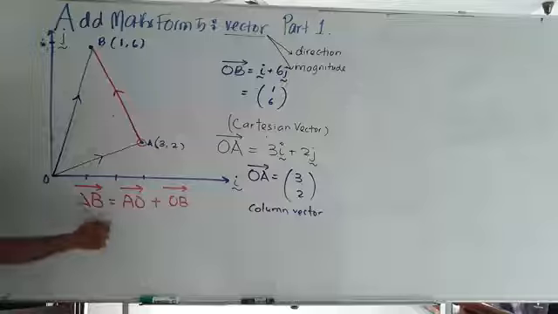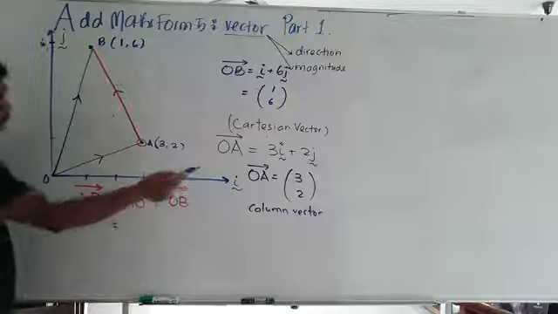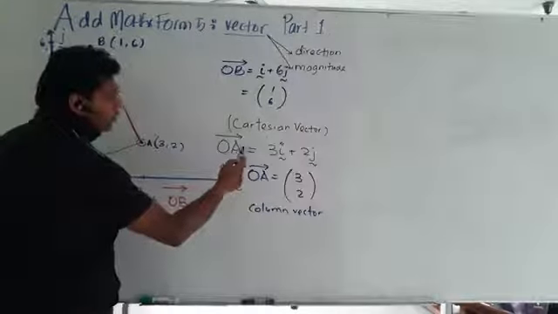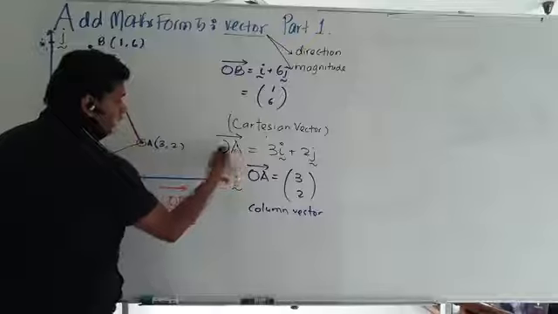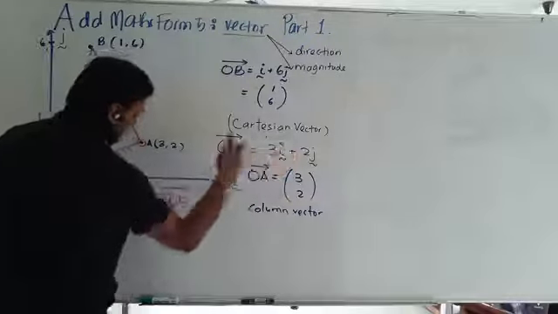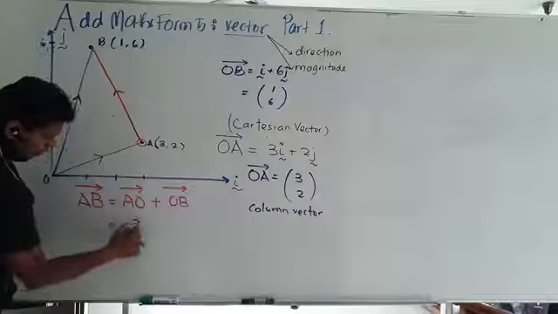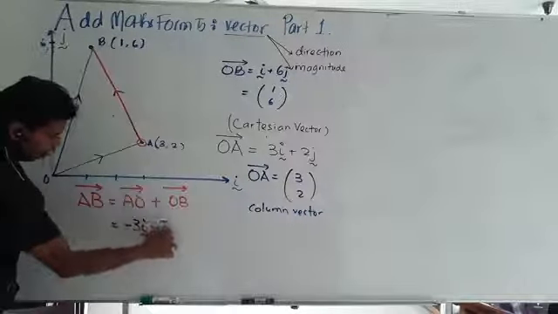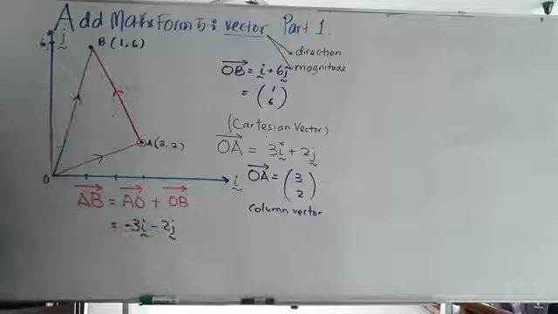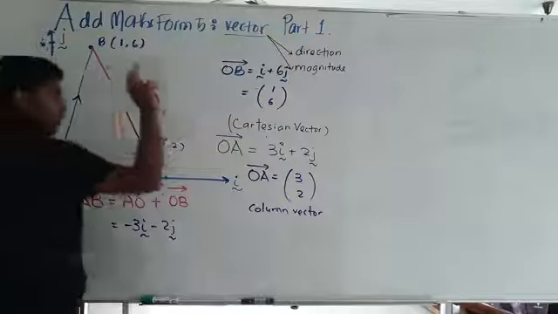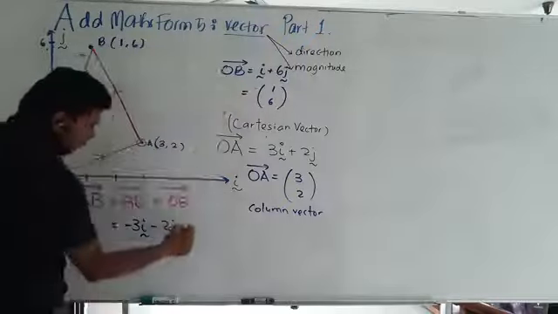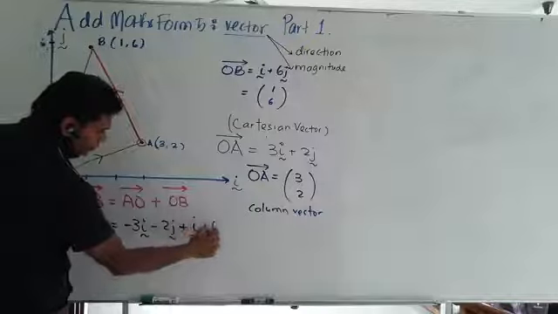So what is AB now? AB is AO plus OB, but what I've got here is OA. So OA is this. That means AO should have the opposite sign. So AO will be, instead of positive, negative: -3i - 2j. And then what's OB? OB, directly take it up here, plus i + 6j.